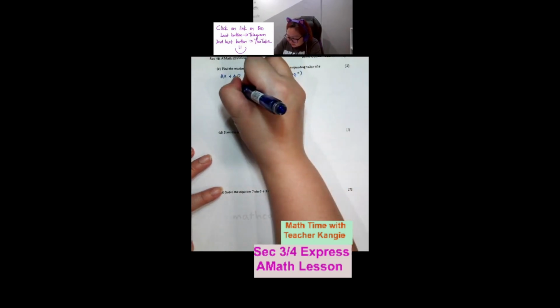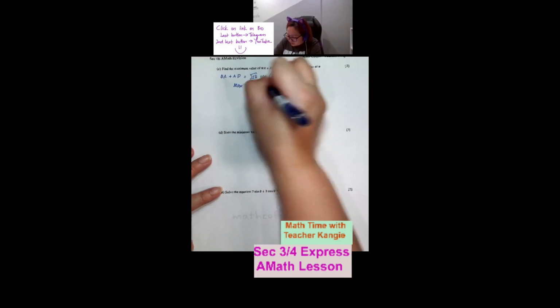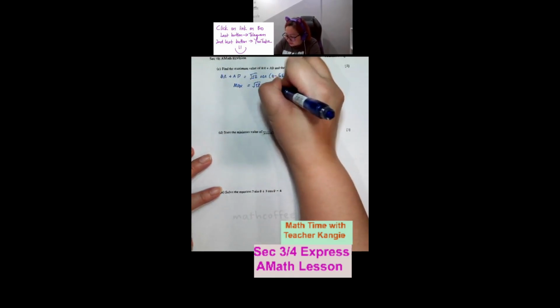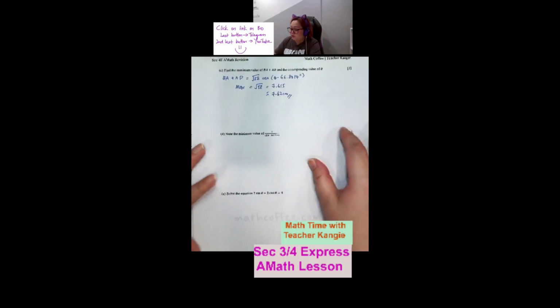In this case, our amplitude is in front of this cosine. So our maximum simply is square root 58, and put it in decimal, it's 7.615, round off to 3SF, 7.62 cm. So it is the same as a trig graph.